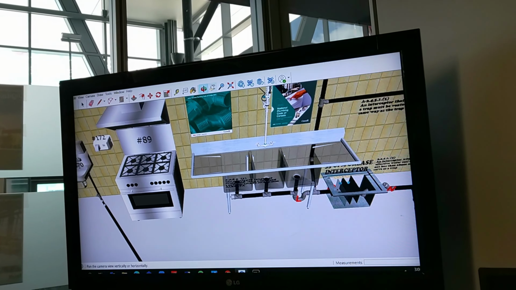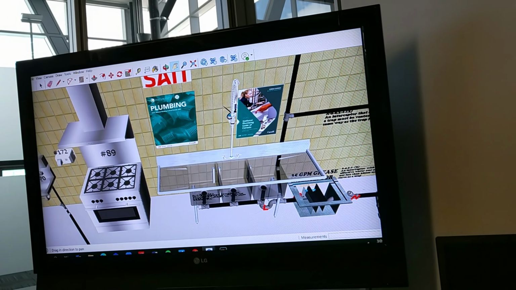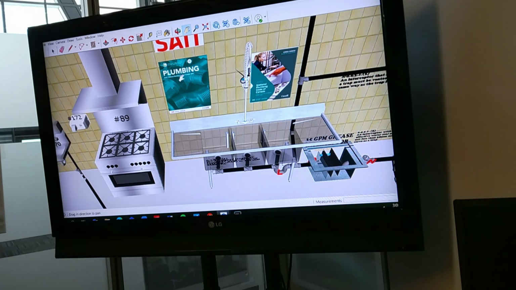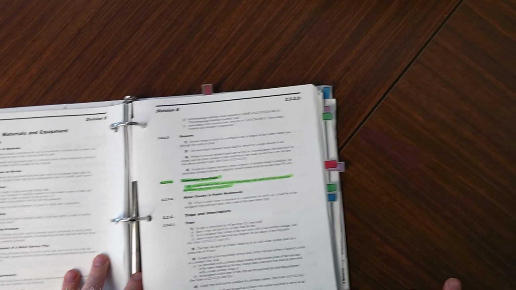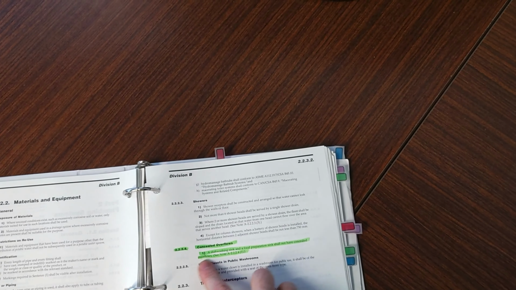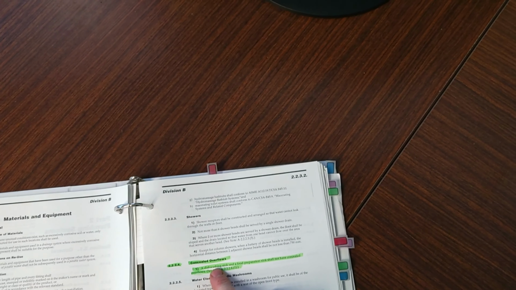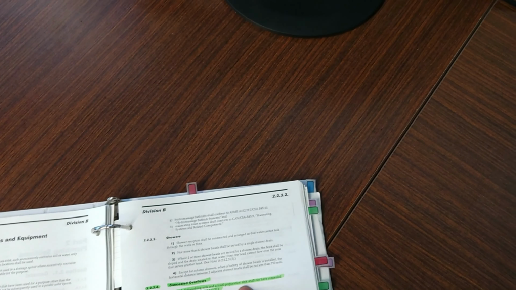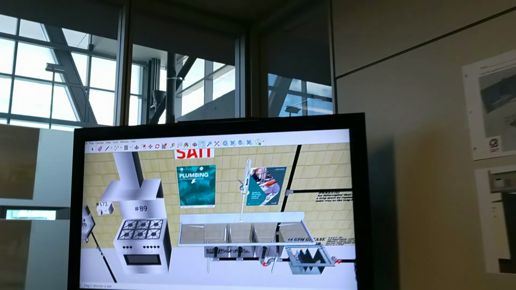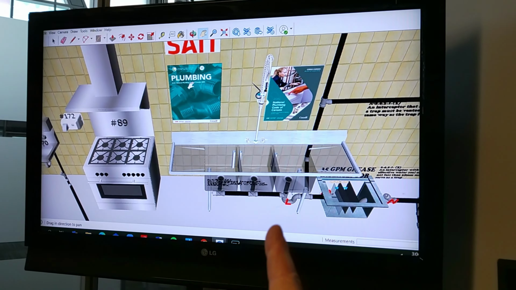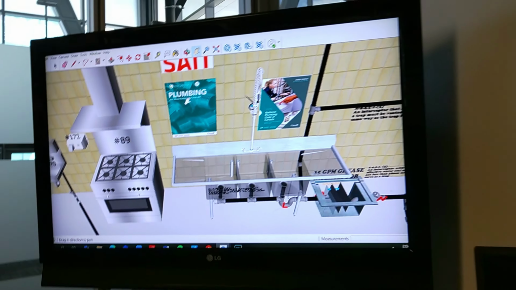You can find those required in both the 2015 and 2020 code. If you look at it right here, you will see in 2224, a dishwashing sink and a food preparation sink shall not have concealed overflows. So that is what we need: a non-concealed overflow.